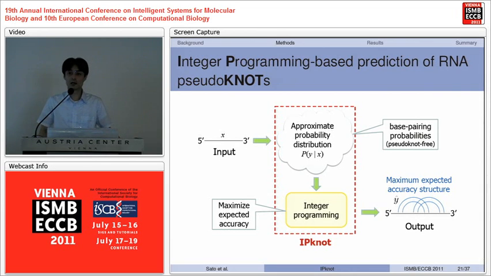Then, we find the optimal secondary structure that maximizes the expected accuracy of RNA secondary structures by using integer programming. The threshold cut technique derived from the MEA principle allows us to reduce the search space. As a result, we can find the optimal secondary structure very quickly.